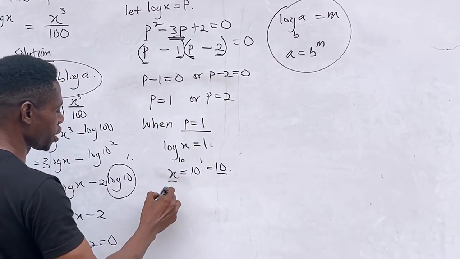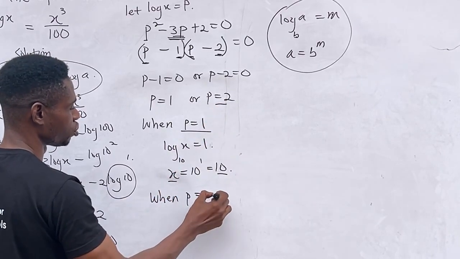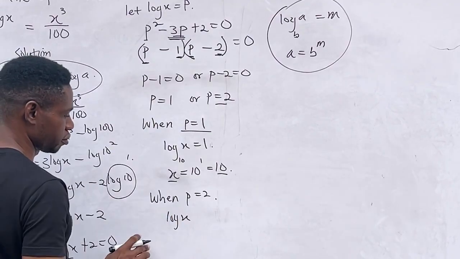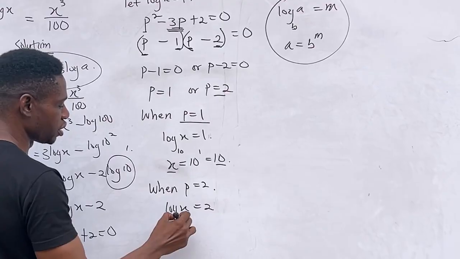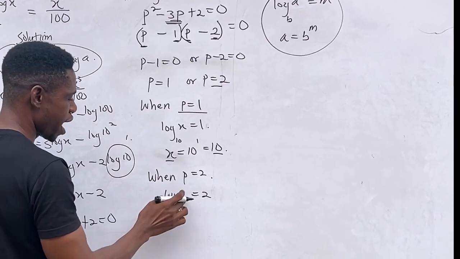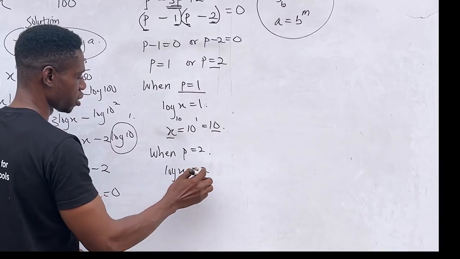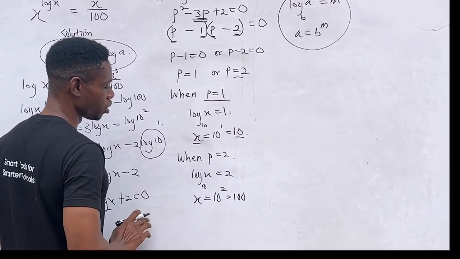All right, so what happens when p is 2, the other case? When p equals 2, we'll have log x equal to 2. Remember, we have a base 10 here. So x, the number of the log, will be equal to 10 raised to power 2, which is equal to 100.